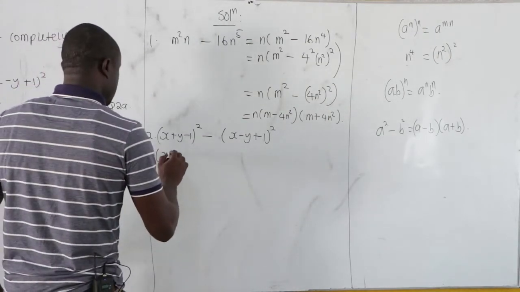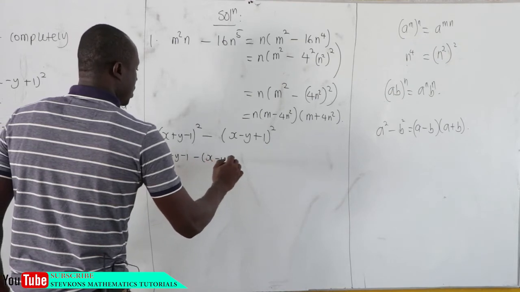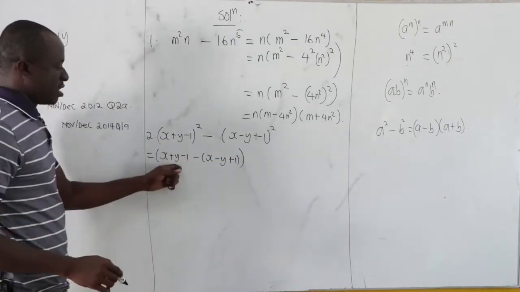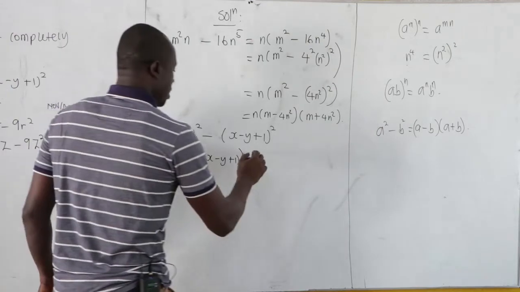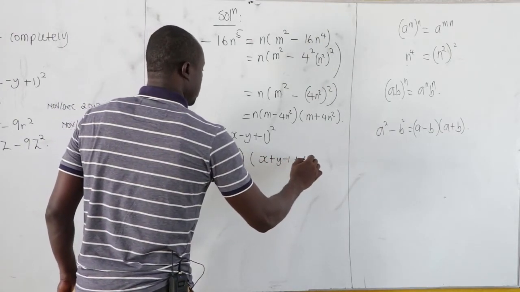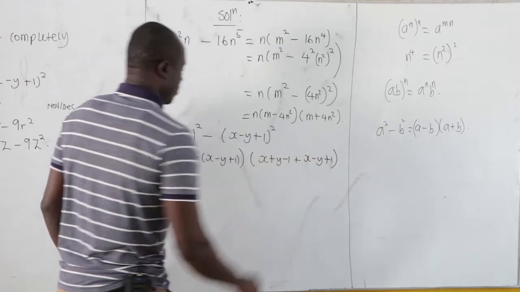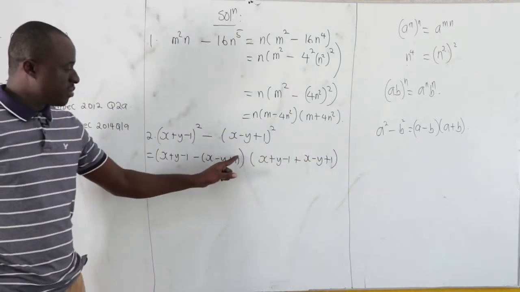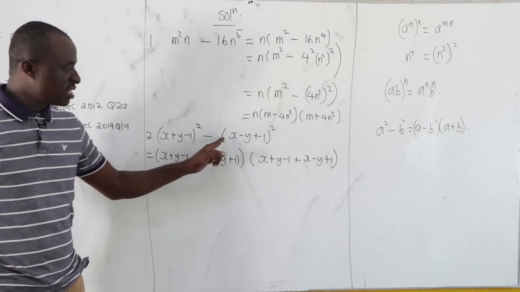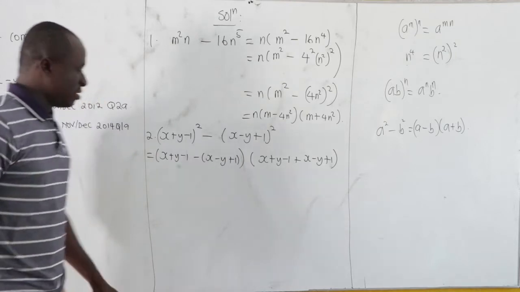This is just x plus y minus 1 minus x minus y plus 1. So a minus b, and then we have a plus b, plus the b, which is x minus y plus 1. Now I brought bracket here because the negative is affecting everything inside. So a minus b, a plus b.